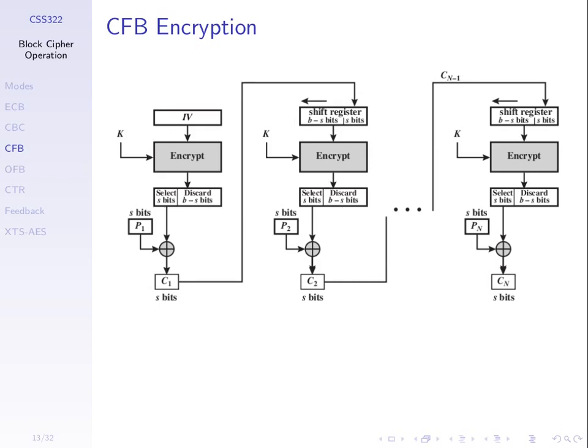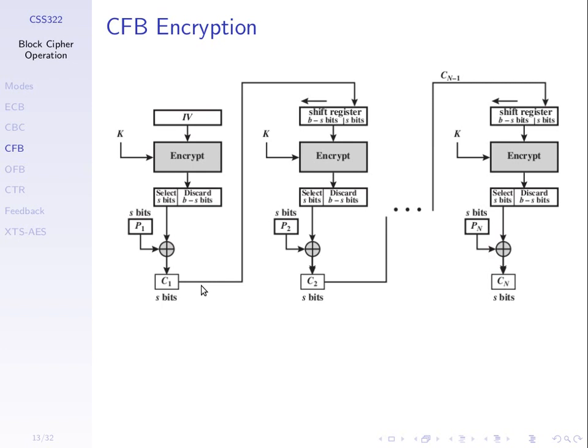The last S bits, at the end on the right, are replaced with C1, and the S leftmost bits are shifted and thrown away. So a shift register takes these values and moves them to the left. Those on the left will be discarded, and the empty ones on the right will be replaced with C1.